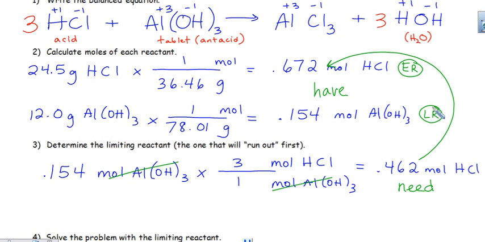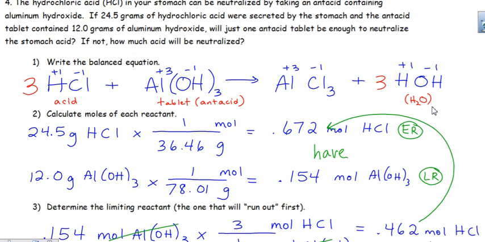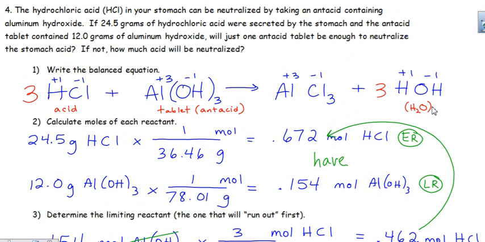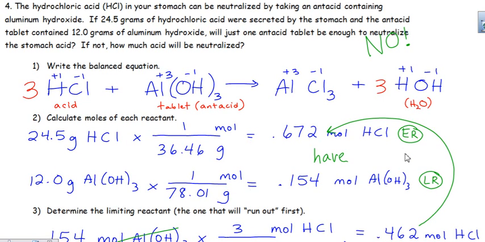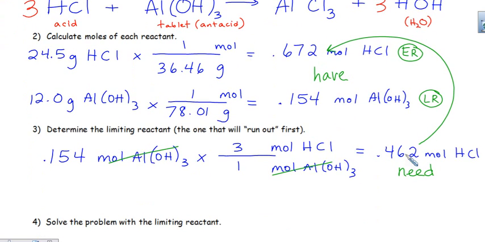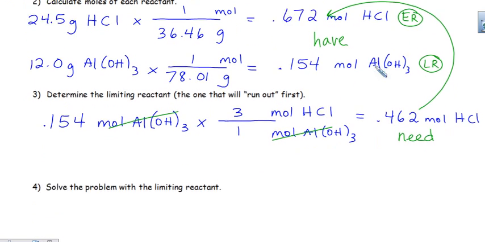Well, this answers the first part of the question above. Is one tablet enough to neutralize the stomach acid? No. Because the acid is still the excess reactant. So then, let's determine how much of the acid can be neutralized.